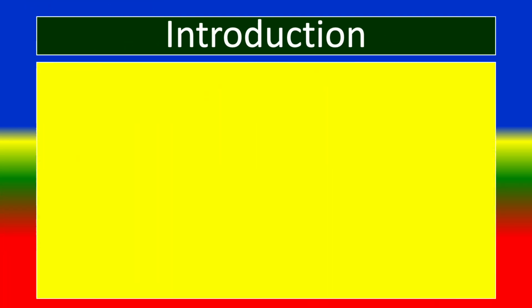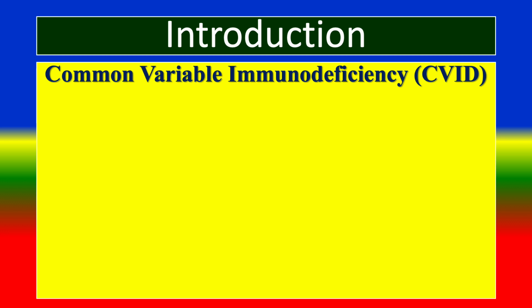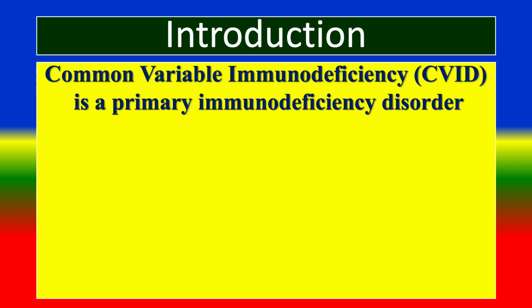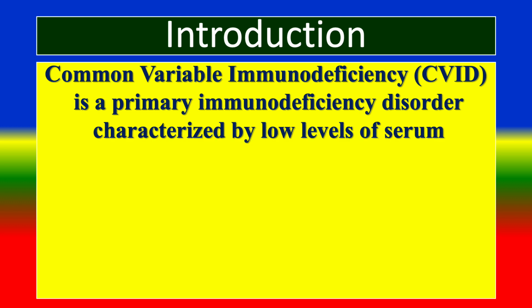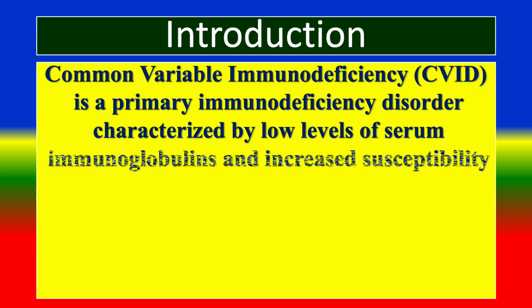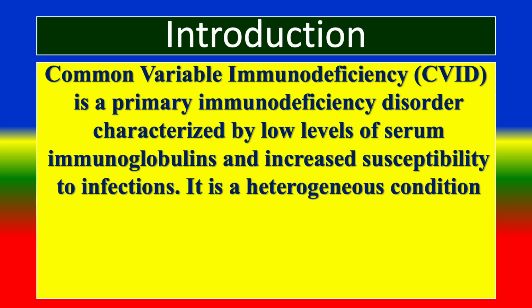Introduction. Common variable immunodeficiency, CVID, is a primary immunodeficiency disorder characterized by low levels of serum immunoglobulins and increased susceptibility to infections.